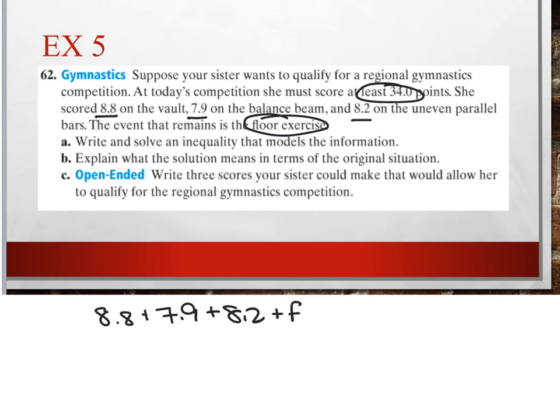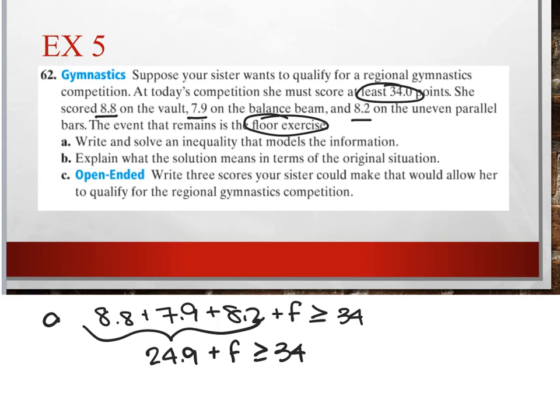So I'm just going to write plus F for the floor exercise, and she needs at least a 34. So because she has to have at least a 34 or better, we're going to set this greater than or equal to 34 points. So when I combine these three terms here, I end up with 24.9 plus the score F of the floor exercise, and we know that it has to be greater than or equal to 34.